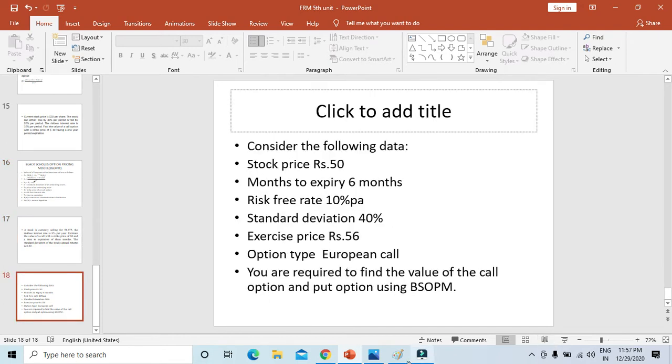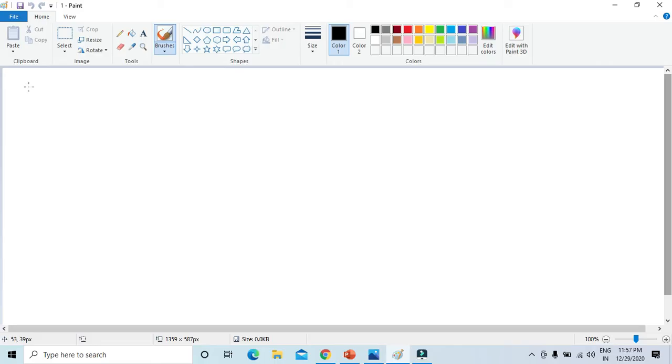I'm going to show you this. So let's write down first of all the given information. What is given is the stock price, 50 rupees.